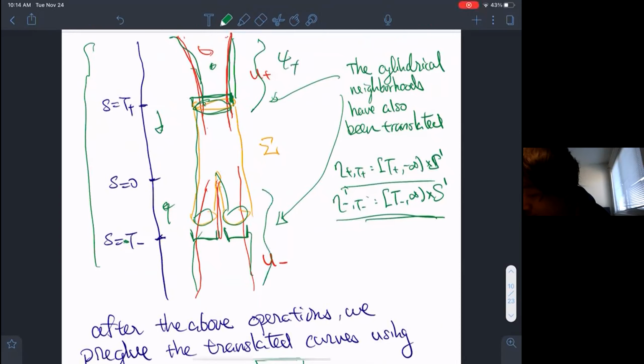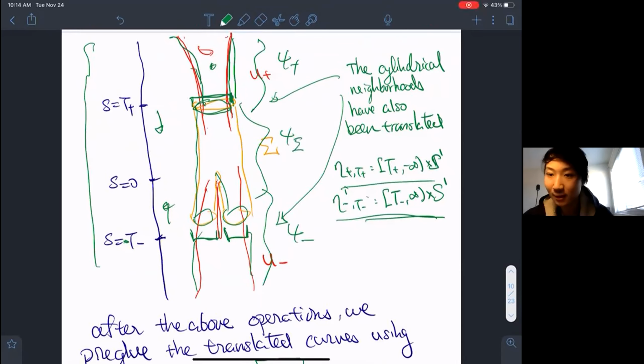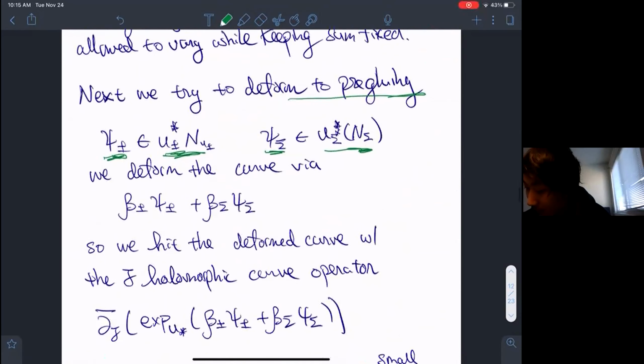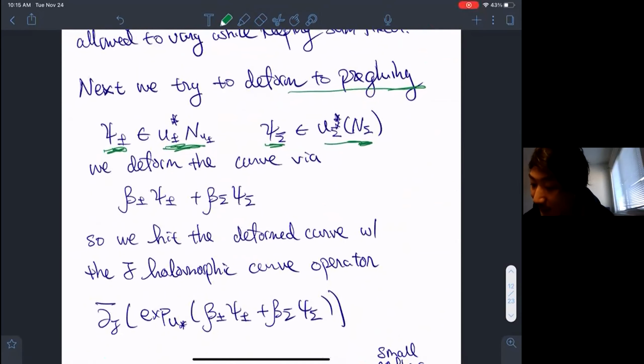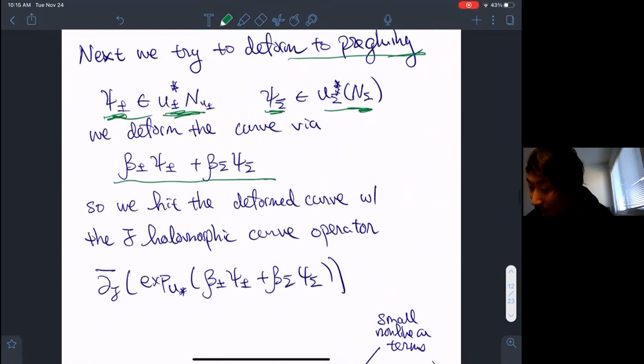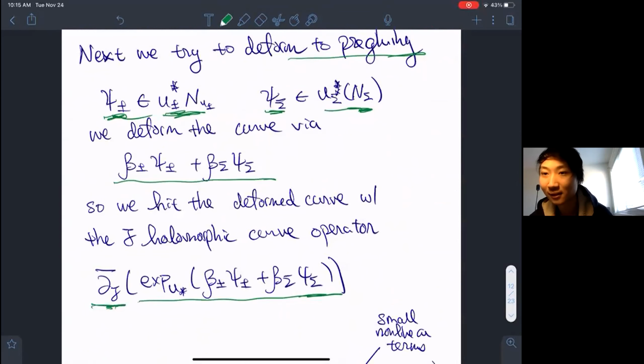There's some wiggle here that's psi minus, and there's some intermediate wiggle that's deformations in the pair of pants. I'm going to patch these sections together again using cutoff functions to form a big deformation over the pre-glued curve. Okay, I'm going to apply this deformation and hit it with the J-holomorphic curve equation and see what happens.